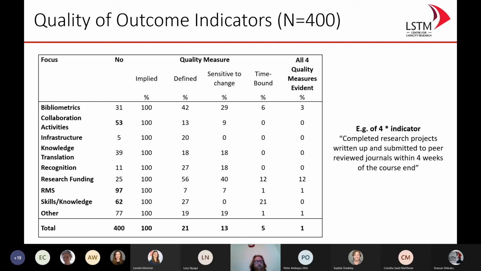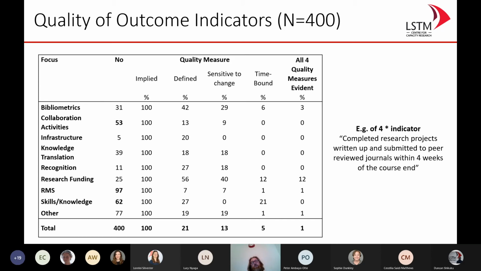Indicators around collaboration activities, infrastructure development, knowledge translation, recognition and prestige, if you like, research funding, RMS (research management and support), and finally changes in skills or knowledge. Now, most of the indicators pertain to collaboration activities, research management and support, or changes in skills or knowledge. That's where they largely clustered.